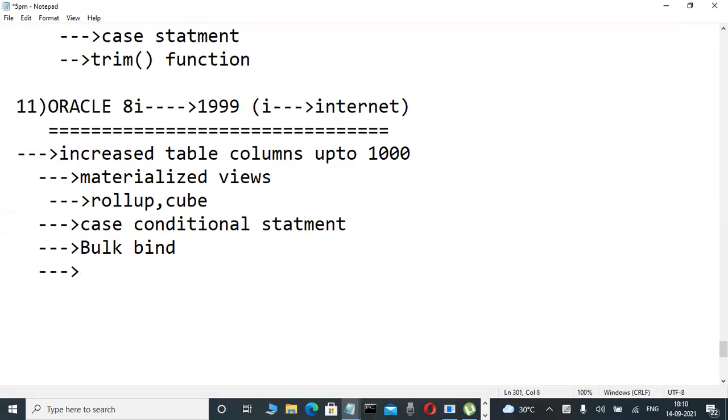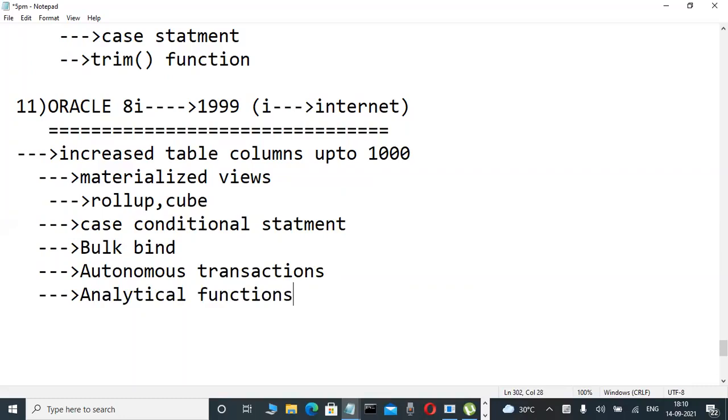Autonomous transactions. Again, analytical functions, rank, dense rank, so many things are there. Instead of triggers is also a concept here.